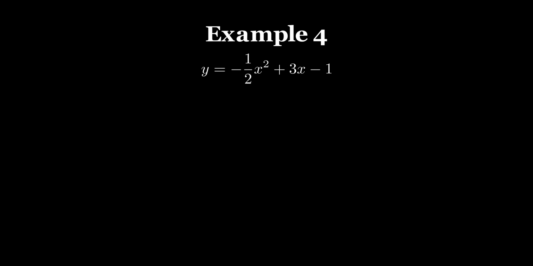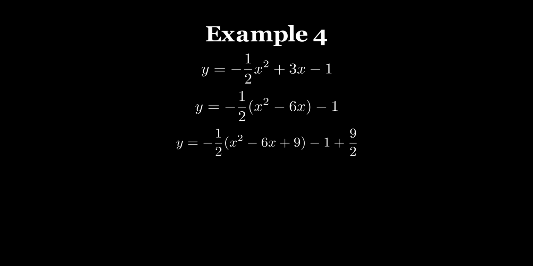Now let's push this one step further. y equals -1/2 x squared plus 3x minus 1. Here, a is negative. That immediately tells us something important. This parabola opens downward. So whatever vertex we find will be a maximum. We factor out -1/2, complete the square inside the parentheses, and carefully rebalance the constant term.